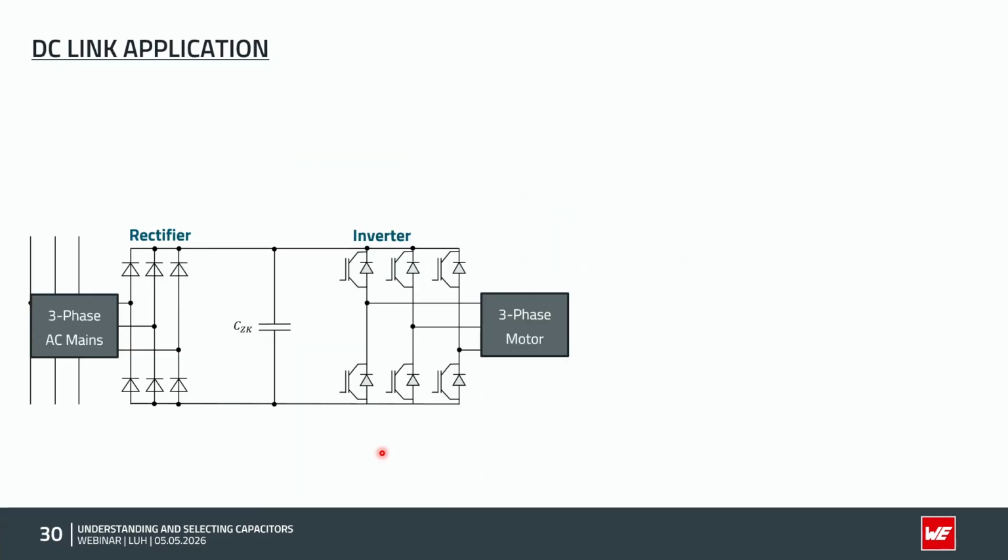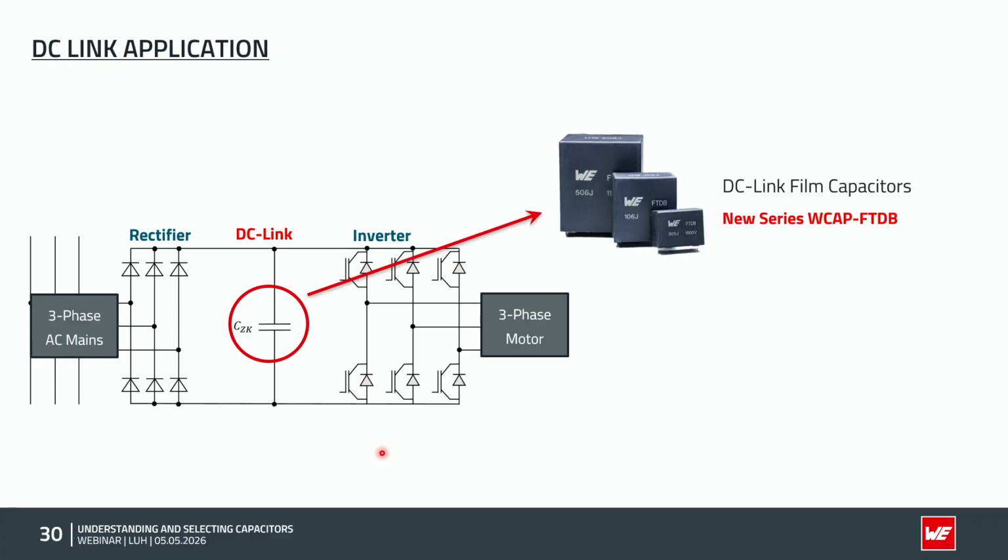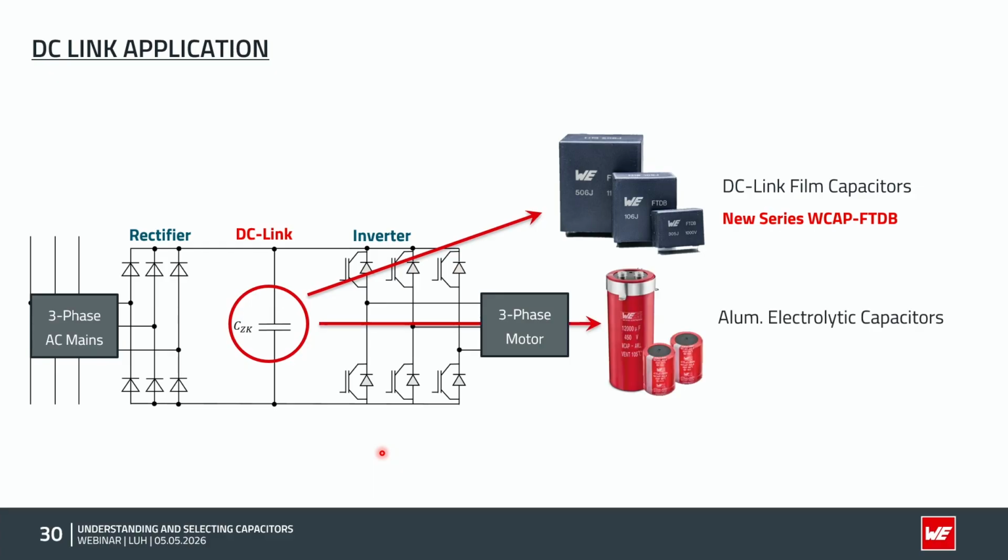Let's speak a little bit about the DC-link application. If we want to select a DC-link capacitor, we can either use film capacitors if we have high ripple current requirements, or if we don't need so much capacitance. We can also use electrolytic capacitors for sure, because they offer a lot of capacitance, but the voltage is a little bit limited.